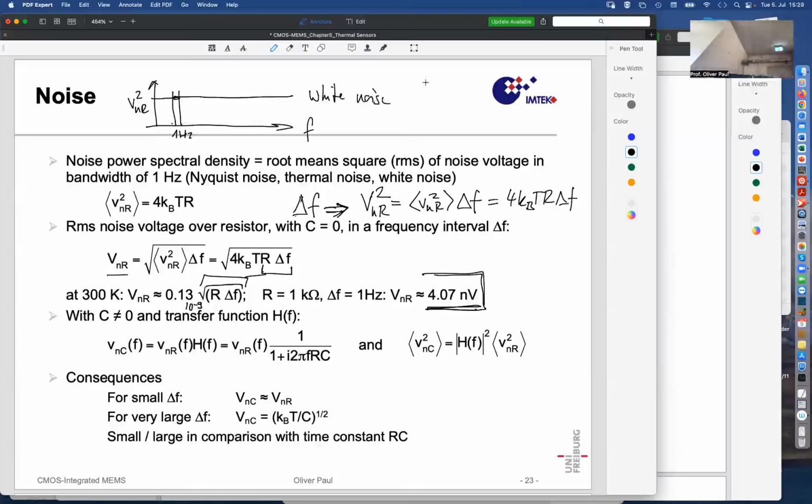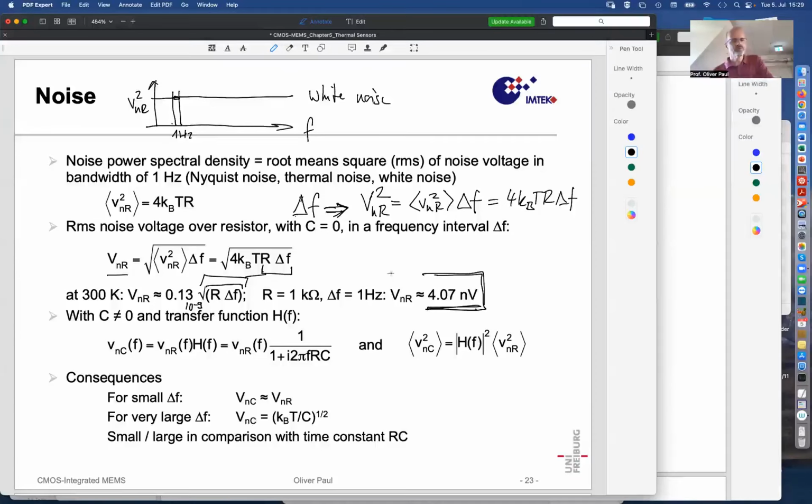White, I think, is explained by the fact that if you mix all the colors, you get the color white. And so here, all the frequencies are mixed. Let's call it white. Nobody sees these voltage frequencies, but it's there.